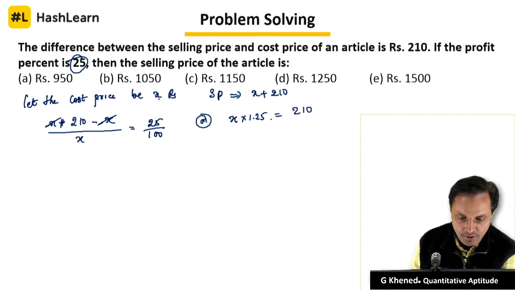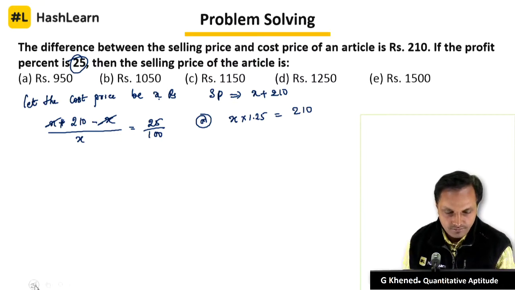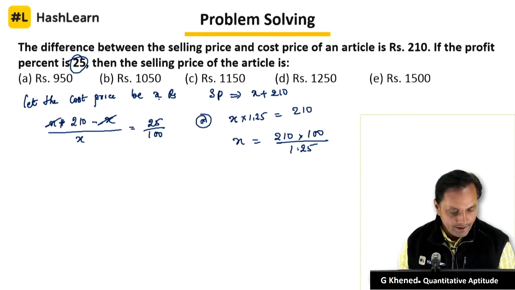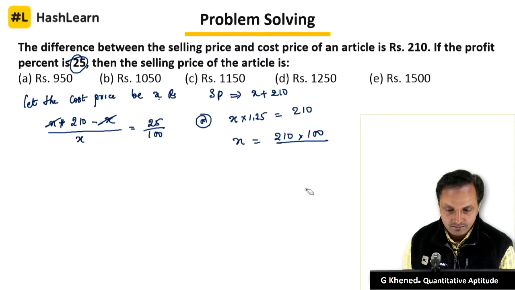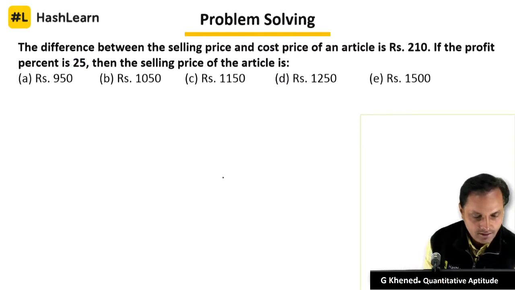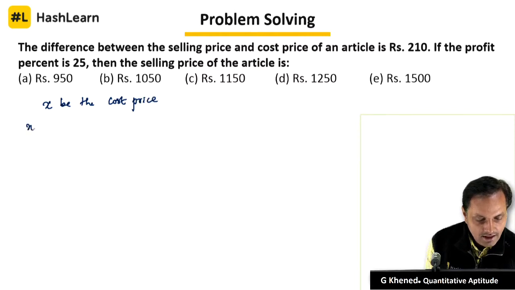What will be your X if you want to calculate? Let me write it neatly. Cost price is X and X plus 210 is the selling price.